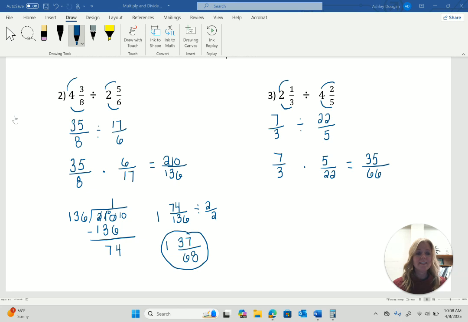But if you're on a test or a graded assignment, you may just want to double check to make sure. Use your calculator to help you, and just make sure there are no common factors that you could simplify by. But this would be my final answer for number 3, 35 over 66.